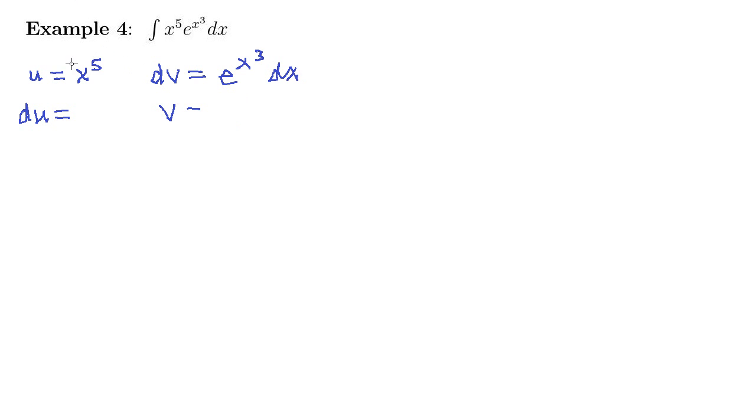If I put the x to the fifth over here as dv, I can definitely do an antiderivative. I get x to the 6 over 6. But then my u to du, if I differentiate that, I would get e to the x cubed times the derivative of the inside function, 3x squared.